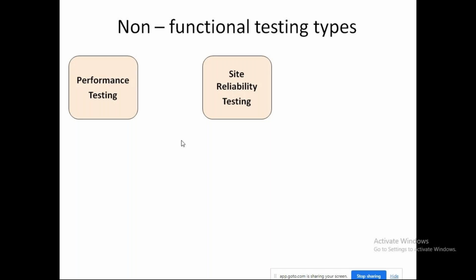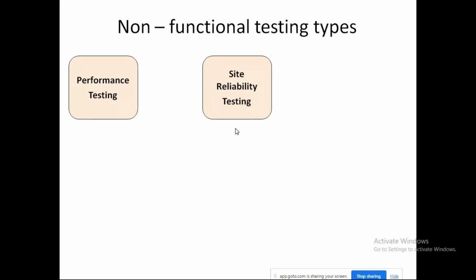Whatever infrastructure I have selected for my environments, whether that is going to work in production, or if tomorrow there is an earthquake in the location where my data centers are present, how will my application work, right? That will come under site reliability.